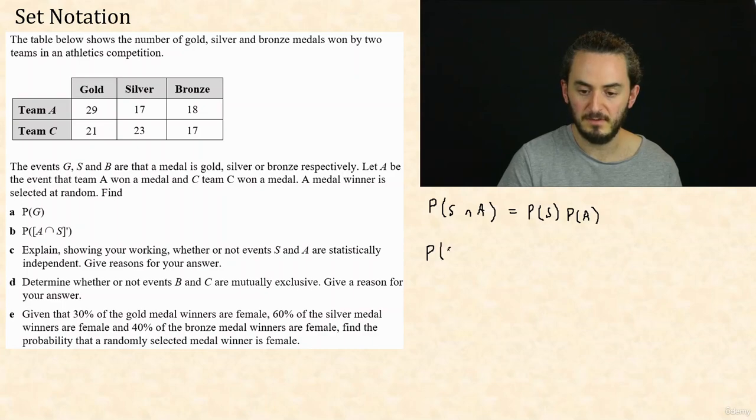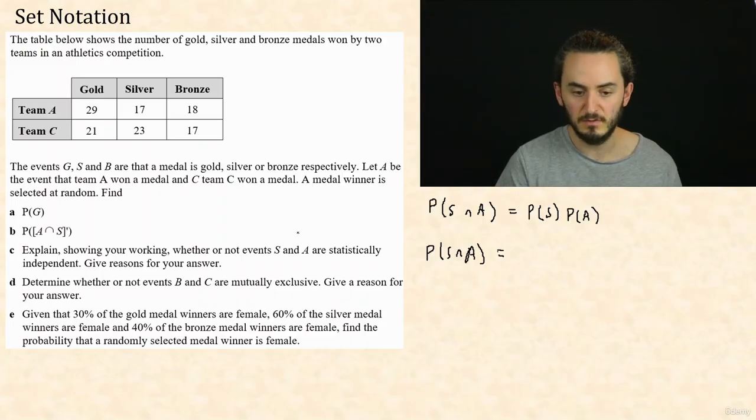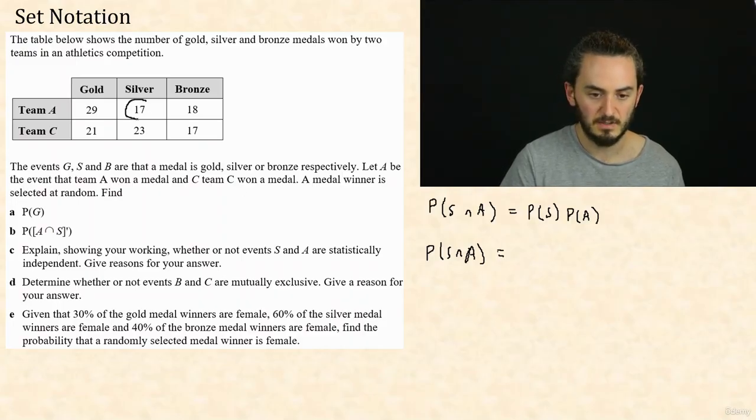Well, the probability of S and A, that's the probability that someone wins a silver and is in Team A. So that is just 17 out of 125. So that's the probability of S and A. What about the right-hand side? What is the probability of S times by the probability of A?